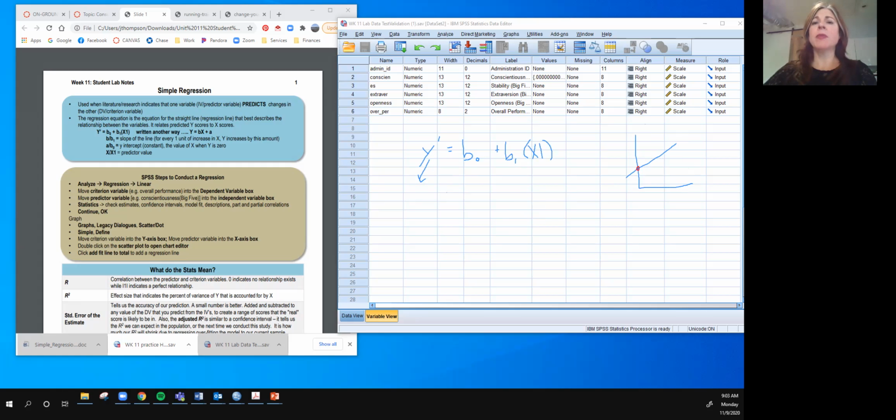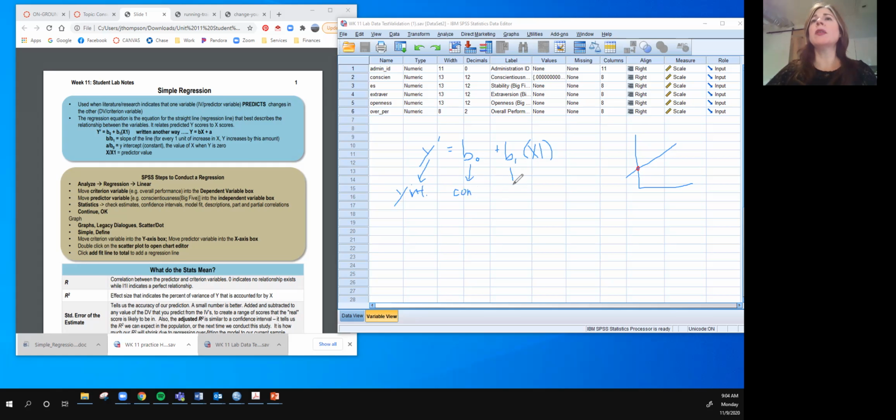And this really is telling us, what do we know about our dependent variable with no other information. So we call this the Y-intercept. This is the constant.